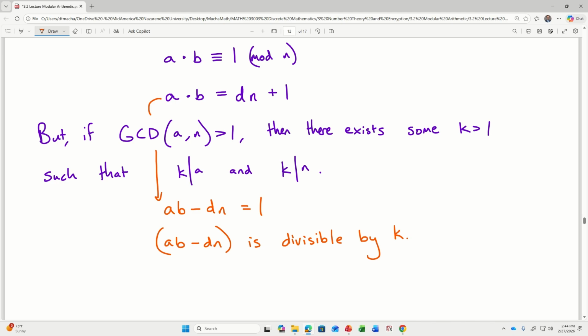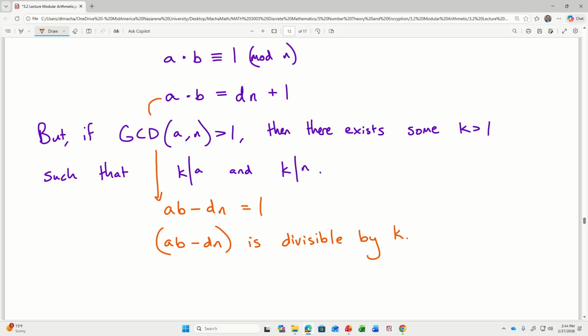Because a is divisible by k, n is divisible by k, and a minus n would also have to be divisible by k. There's also maybe a place where you have to rely on Euclid's lemma here. Well, I guess the converse of Euclid's lemma, so maybe not.